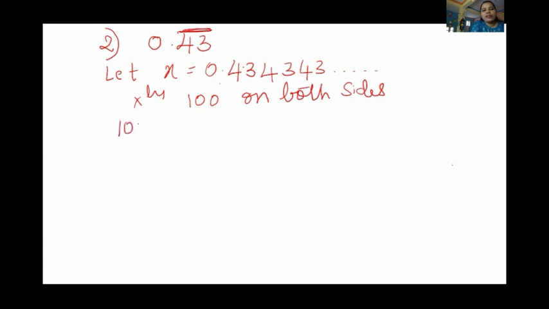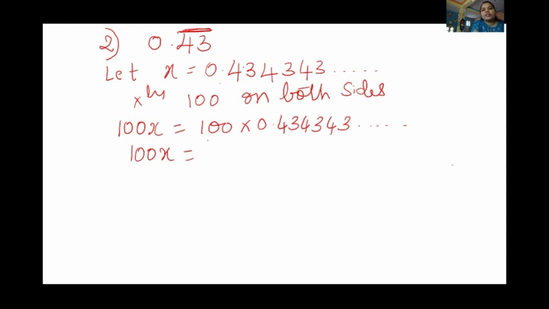So multiply 100 on both sides. x into 100 is 100x. Now 100 into 0.434343 etc. When we multiply 100 into x, you get 100x.